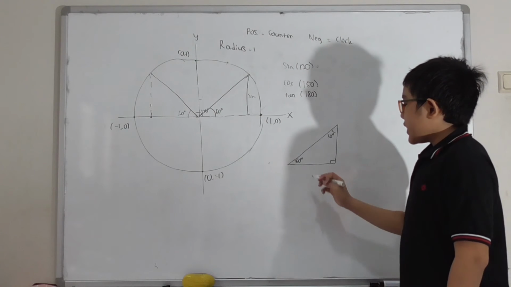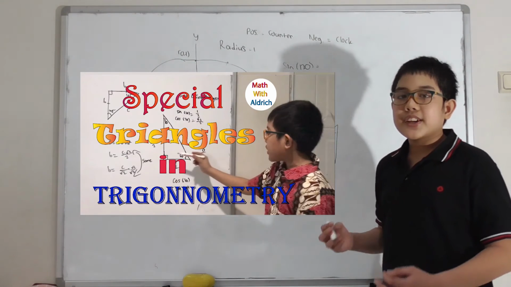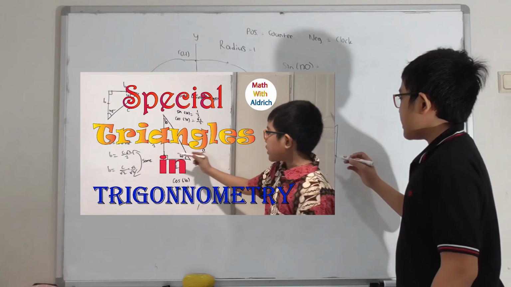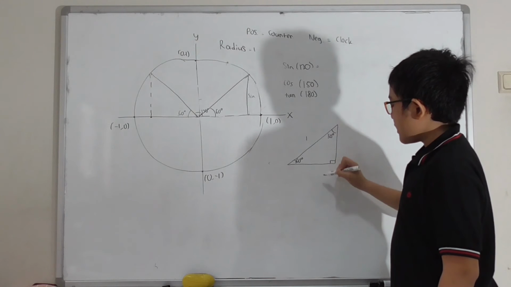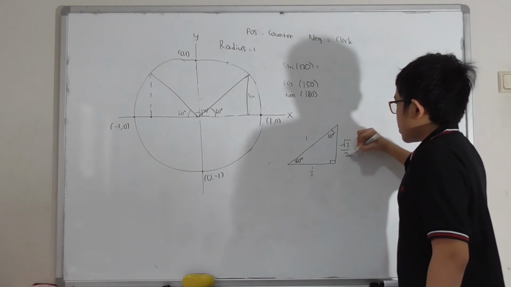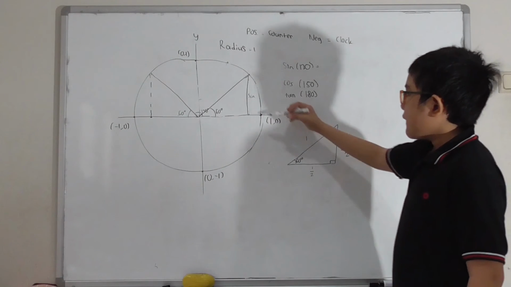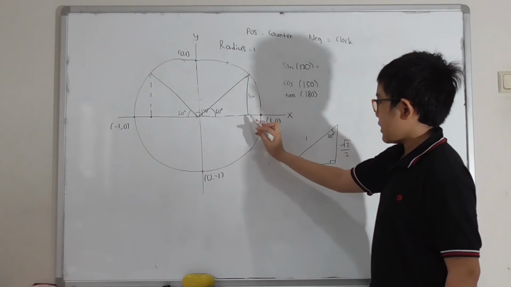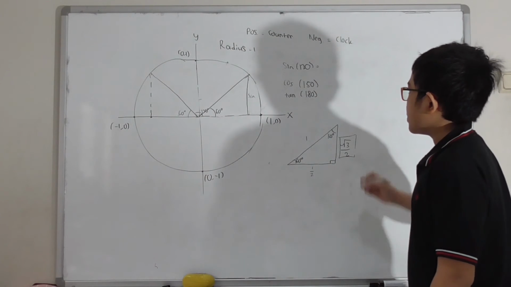And then we can identify that this triangle is one of the special triangles which has certain ratios between the sides. The ratio is the hypotenuse is going to be 1, this side is going to be half, and this is going to be square root of 3 over 2. So for sine of 120, it's going to be the y value of it. It's going to be this side. And then we found out that it's going to be square root of 3 over 2.